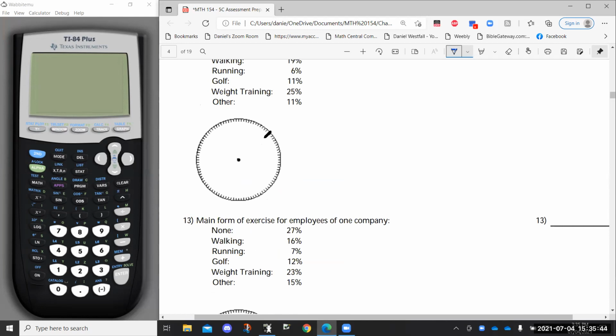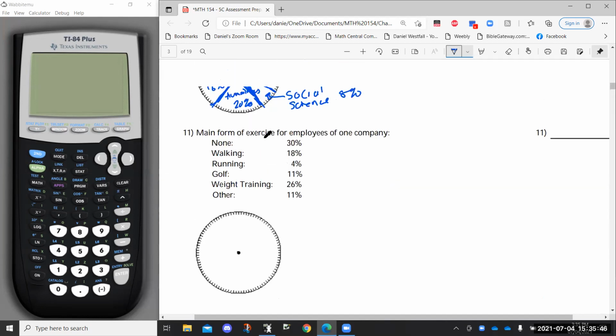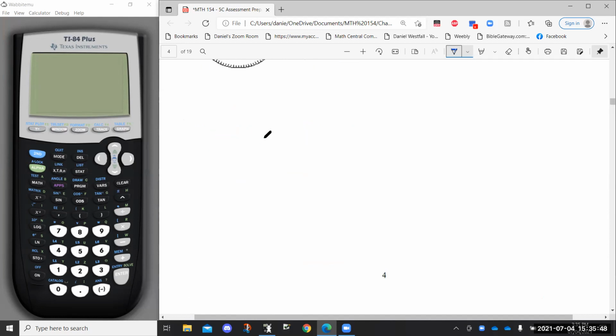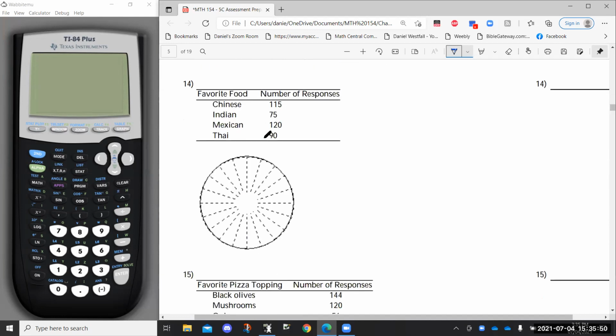You're going to have some where the percentage is not given to you. I'm going to skip down to ones like this where the percentage was not given. The best way for you to do this problem is to still find the percent. So that means you're going to find the whole number of people. These are frequencies here, and I want to find relative frequencies over here, or percentages.